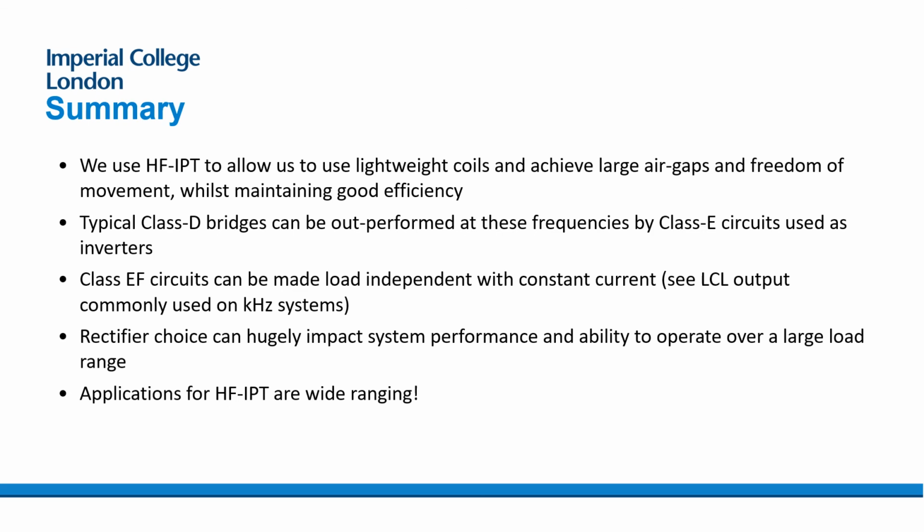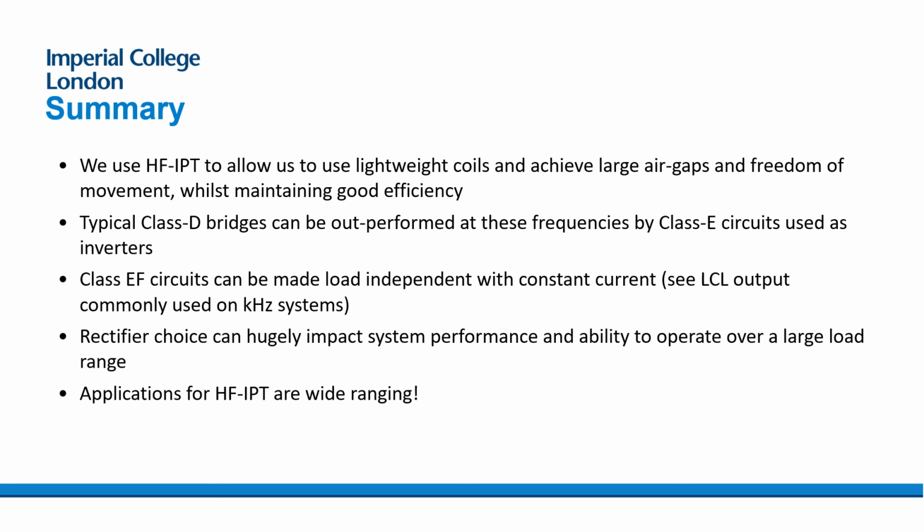So with that, let me just bring this to a conclusion. We're using high frequency IPT in order to exploit the benefit of ferriteless lightweight coils and achieve large air gaps and large freedom of movement between the transmitter and the receiver, which is required in many of the applications that I've shown you here. Typical Class D bridges can be, and it depends very much, I stress, on the design, but can be outperformed at these frequencies by Class E type circuits.